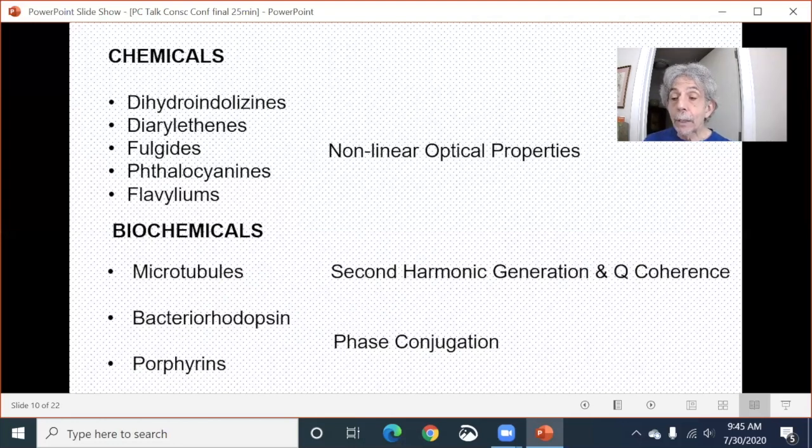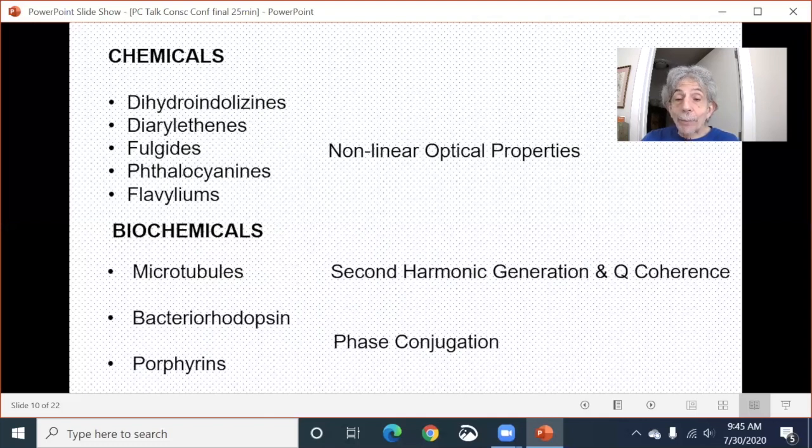And then Jibu published many years ago an article about microtubules and also reported the nonlinear optical properties, in the sense that they generate second harmonic generation, is what it's called, and quantum coherence. Again, nonlinear properties, but not phase conjugation.